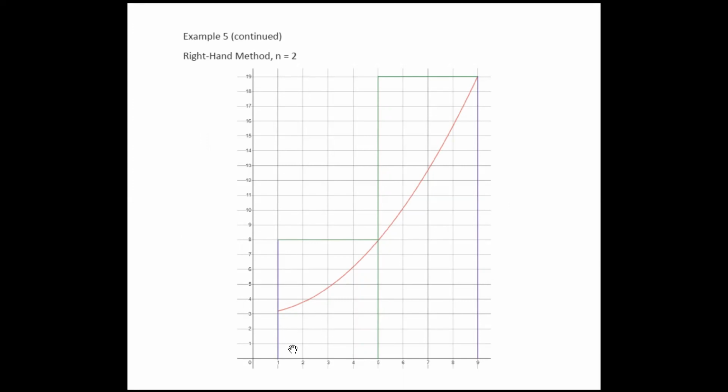This rectangle is 4 by its height, f of 5, which is 8. Then we go one more increment over, which is 4. What happens if you add 4 to 5? You get 9. So the width of this rectangle is 4, and its height is 19.